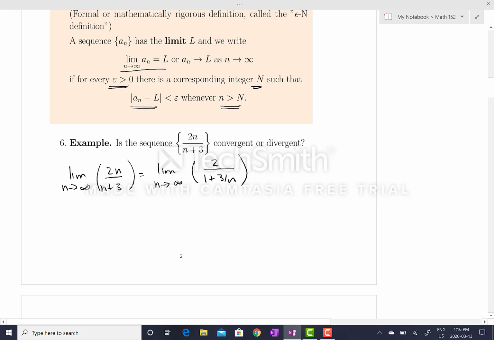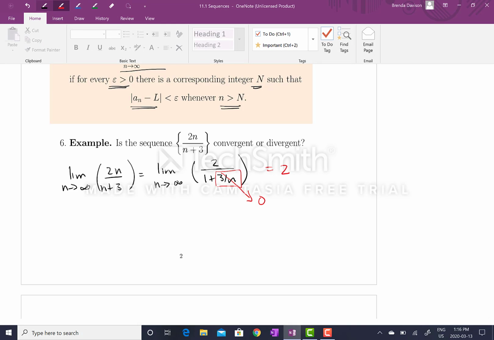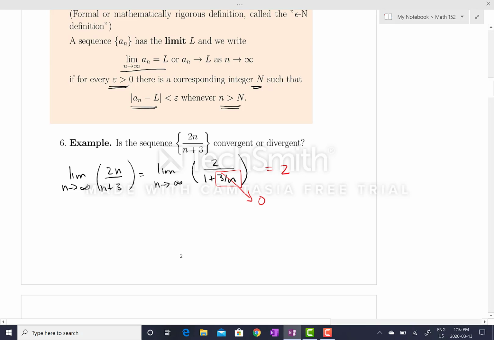Okay, and at this point, it's fairly obvious that the 3 over n, when n gets large, goes to 0. So that goes to 0, and then you can see that the limit here is 2. That's finding the limit of a sequence. So then we would say this sequence is convergent.